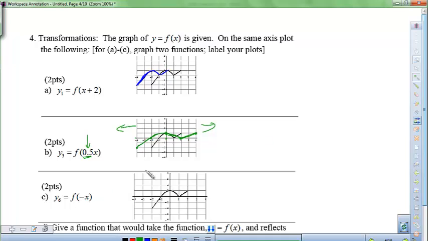Negative x is some sort of reflection. The negative on the inside is a reflection about the y-axis. So let's see, anything on the y-axis will stay the same. This will stay the same, but now instead of going up here, it'll go up there, and it'll go down here. So this is how this graph would look, a reflection.